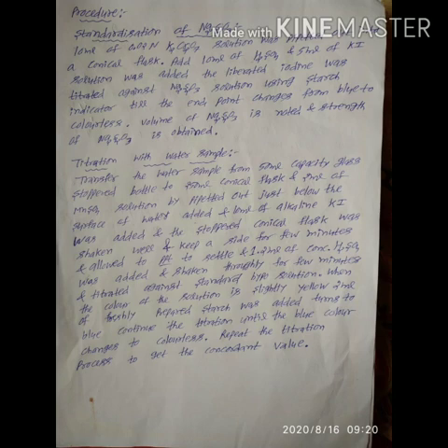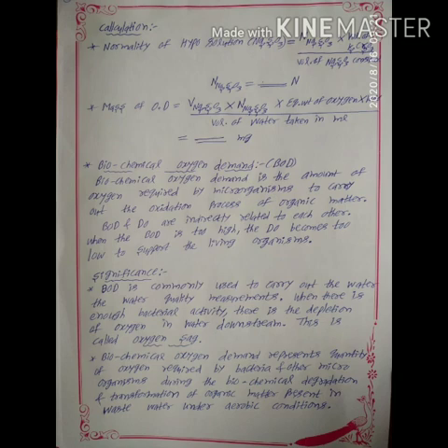When the color of the solution is slightly yellow, 2 ml of freshly prepared starch was added. It turns blue. Continue the titration until the blue color changes to colorless. Repeat the titration to get the concordant value. Calculation: normality of Hypo solution equals normality of potassium dichromate into volume of potassium dichromate, whole divided by volume of sodium thiosulfate consumed.